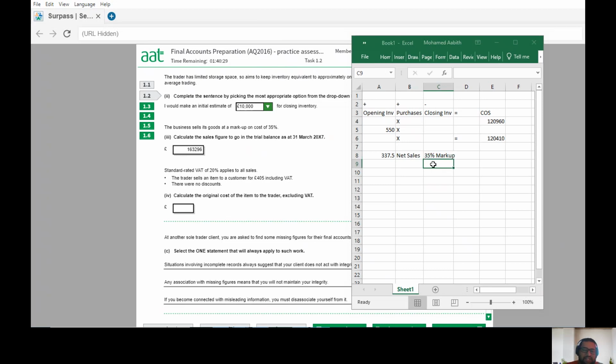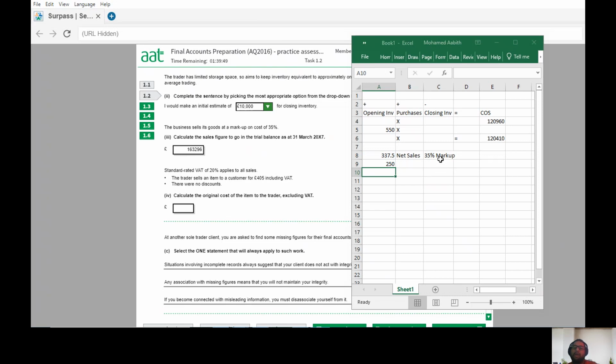So if you know that, to find the original price of the goods excluding VAT, the original cost of the item, the cost of goods sold, what we need to do is divide this figure by 135 or 1.35. Then it should give you an amount of £250.